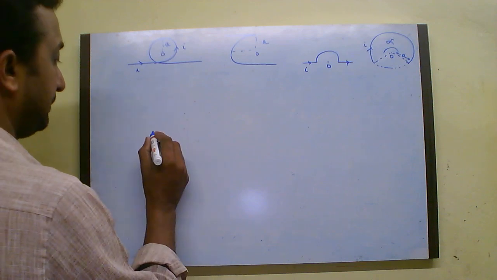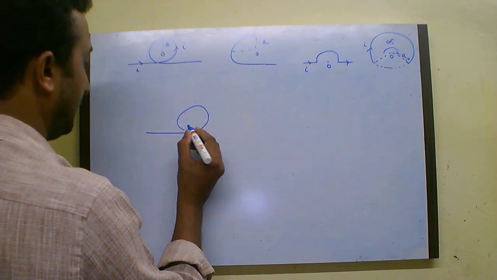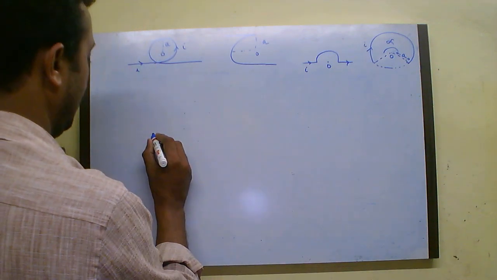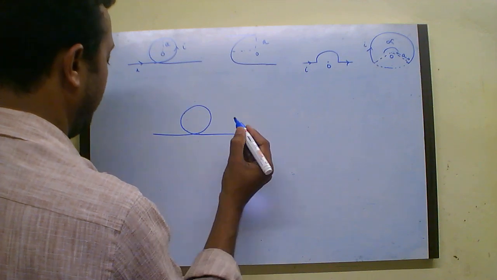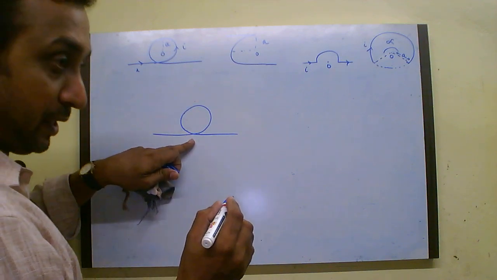Here is a conductor which has a ring over it, but the two ends are not meeting. This end is not meeting the other wire.